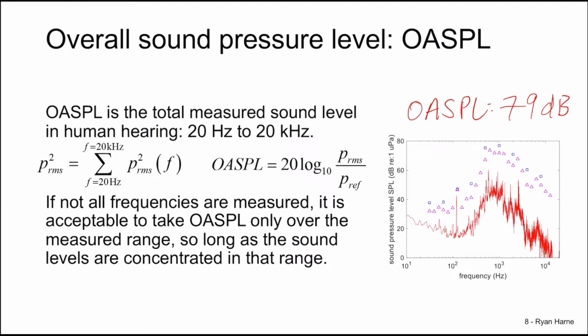Again, this makes sense. It is not an average, it is a sum, so it collects all of the sound energy into one value. Interestingly, the highest of the octave band values are almost the same as the OASPL.